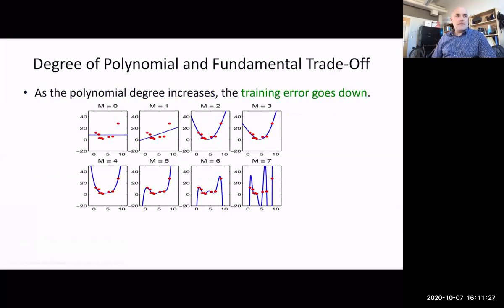I think this section in particular was really ahead of the curve, so to speak, in understanding what's going on with fitting polynomials of higher and higher degree, and how this impacts the fundamental trade-off that we discussed earlier in the course. So as the polynomial degree increases, training error goes down, right?